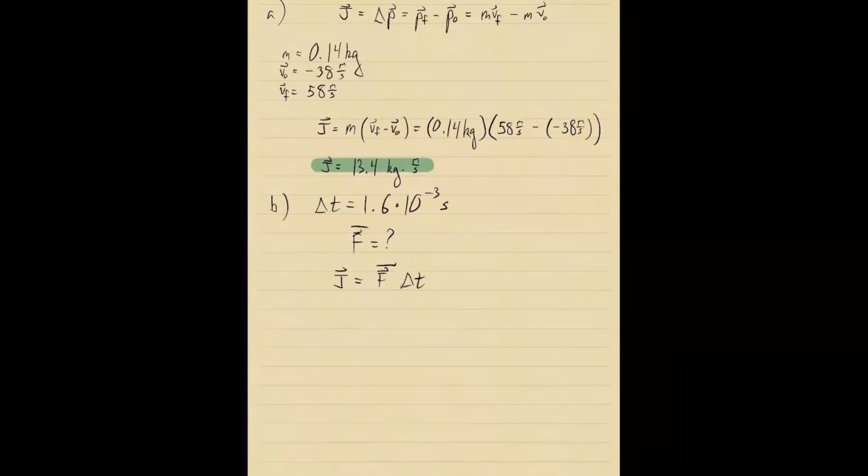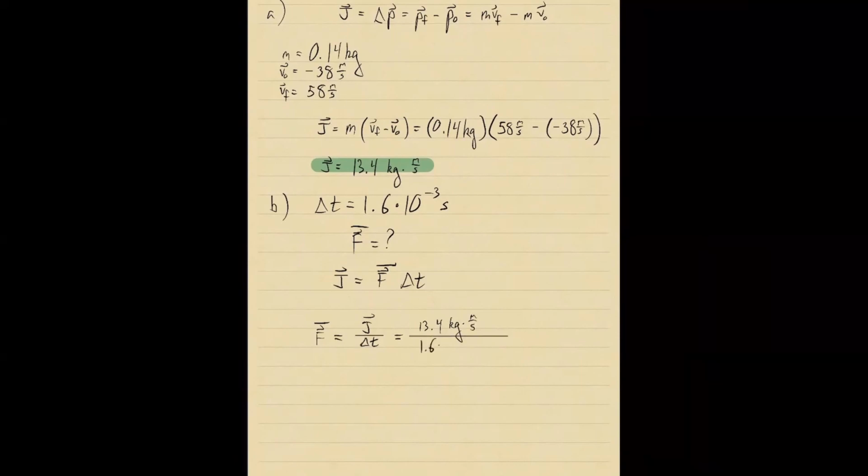So we know that the average force is equal to the impulse divided by the time that our force is acting on our object. We saw that our impulse was 13.4 kilograms times meters per second. And delta t was a very short time.